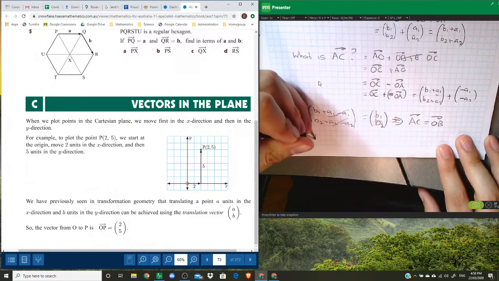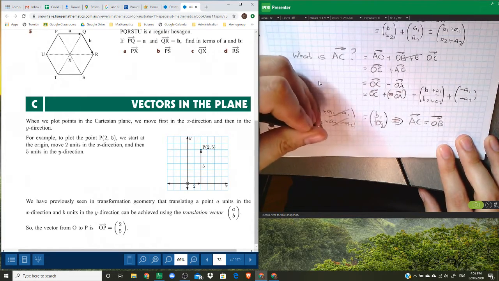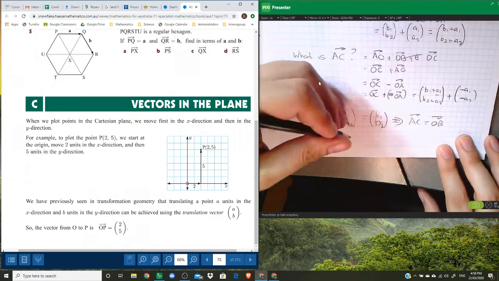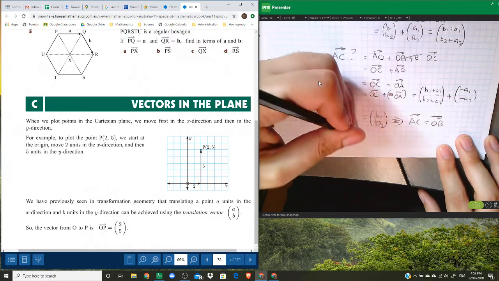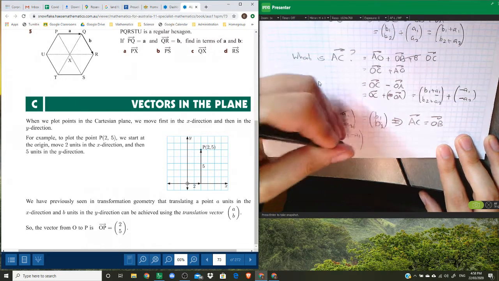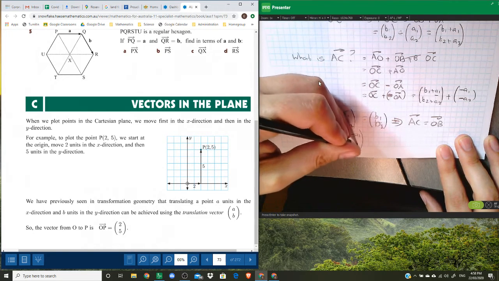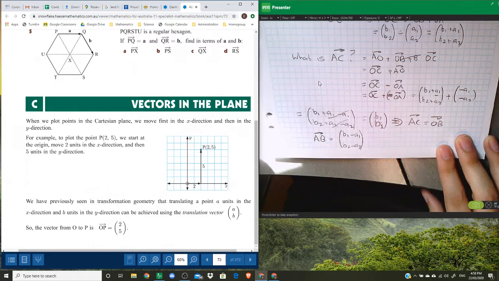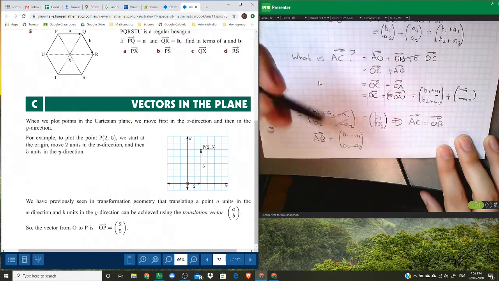If I did A to B, that equals the subtraction of the coordinates: the last coordinate take the first coordinate. So B1 minus A1 and B2 minus A2 in a general sense. You can prove that from the unit vectors.